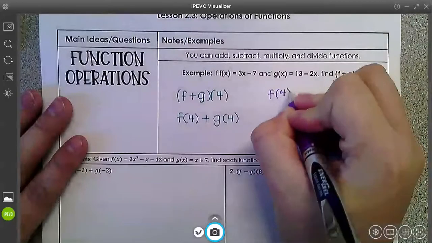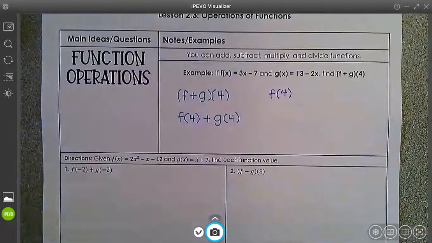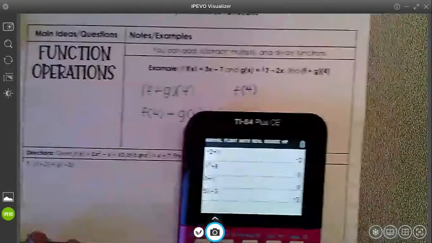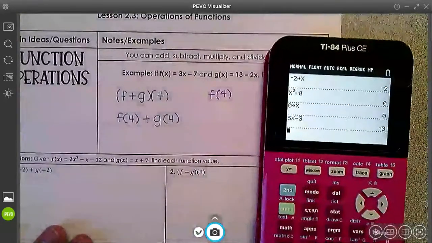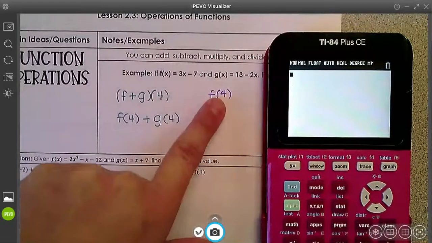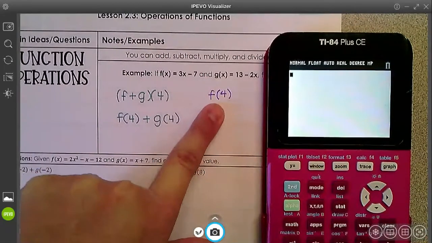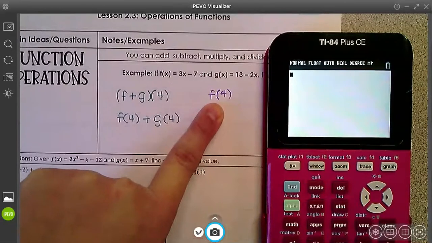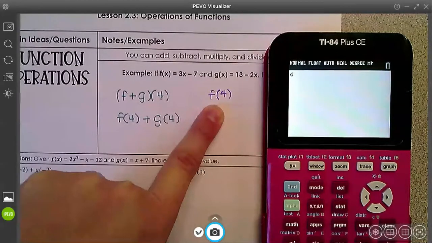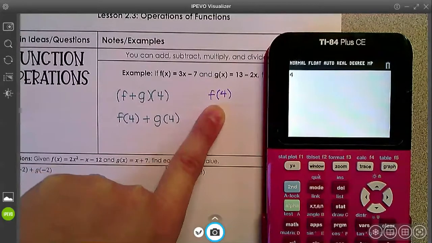F of 4. This is where we're going to use the store button on the calculator. So if you'll remember, we're plugging in 4 for x. So we have to tell our calculator that x is 4. So we type in a 4, and then you do your store button.